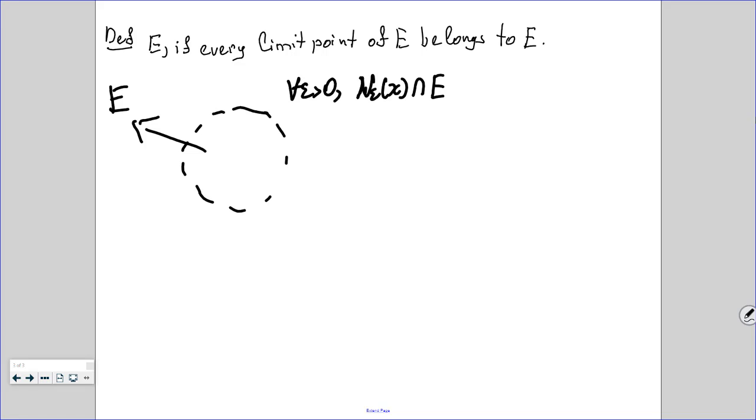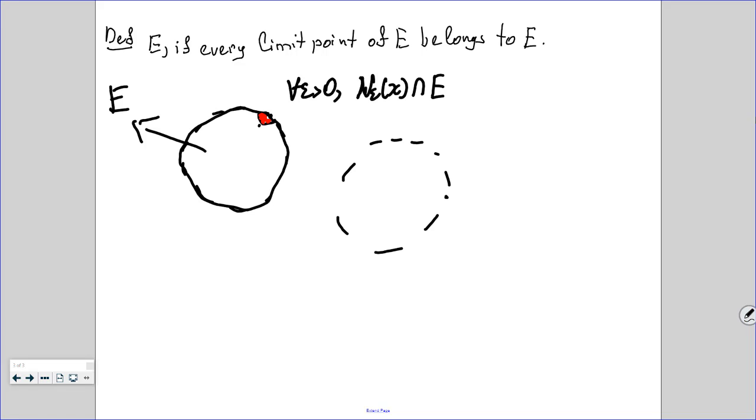For example, in this case, if we are dealing with a closed set, the dangerous points here are the boundary points. If they are inside the set, then whatever epsilon we take, the neighborhood will contain points inside the set.